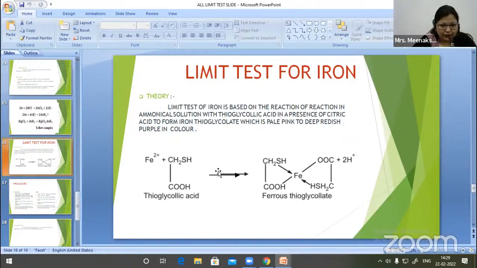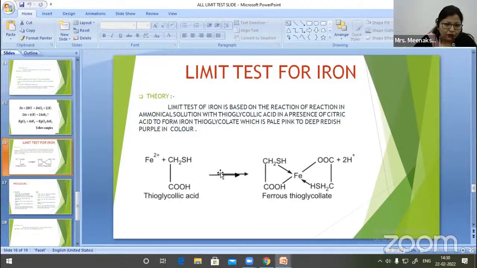Basically the reaction here is with the thioglycolic acid, along with the citric acid. Citric acid and ammonia: ammonia can precipitate the iron, so citric acid prevents the ammonia from reacting with the iron. This is why we add the citric acid.